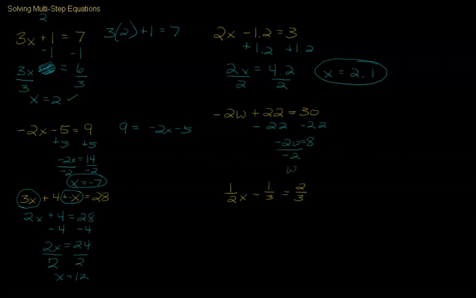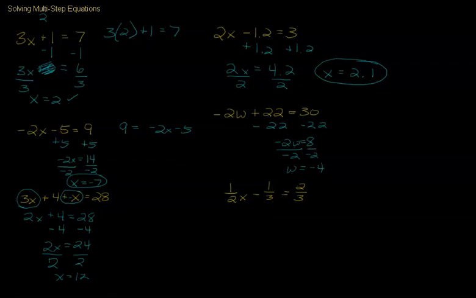Remember, when you divide something by itself, it ends up being 1, so we don't need to put a 1w here. We divide 8 by negative 2, and remember that a positive divided by a negative is negative. So our answer is negative 4. And think about it: negative 4 times negative 2 is a positive 8, plus 22 is 30.